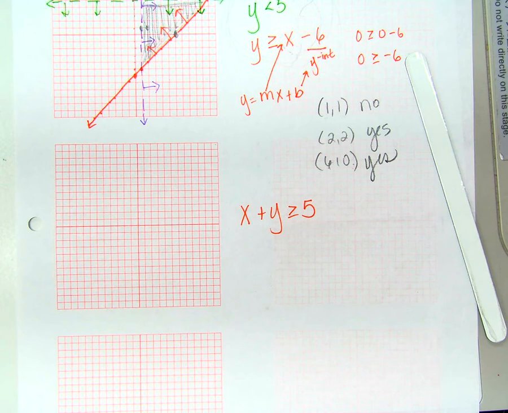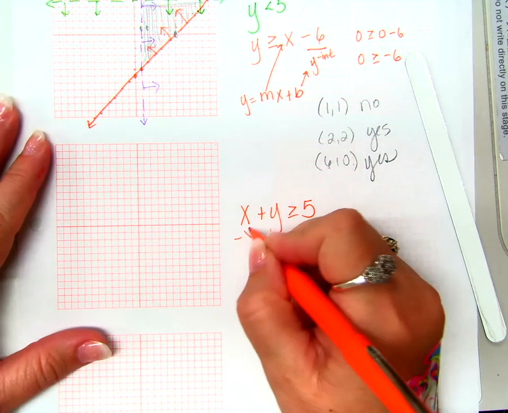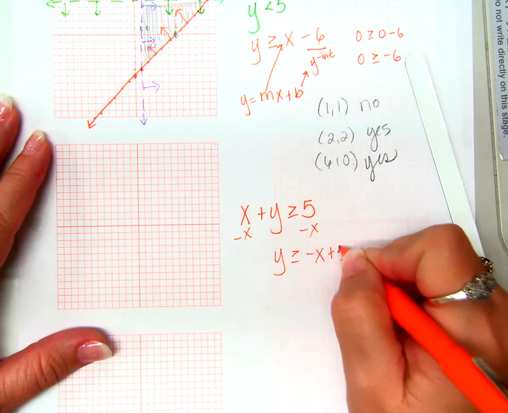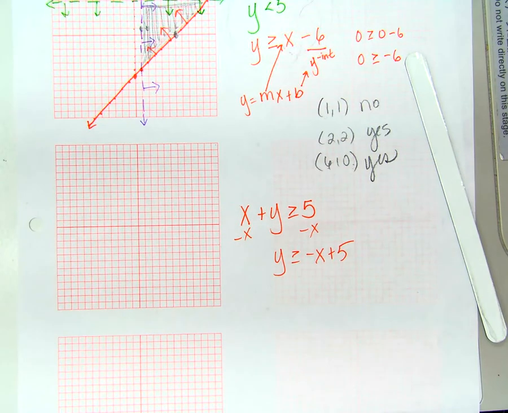Can you hear the sarcasm drip off of my voice? Is this really a harder problem? Well, it's not in slope-intercept form, and that's what they were complaining about. So what you have to do is subtract x from both sides and get y is greater than or equal to negative x plus 5. Do you know how to graph that? Oh my goodness. I made sure they had Kleenexes since they were crying about it. Just teasing about that. I don't want to waste my Kleenexes.